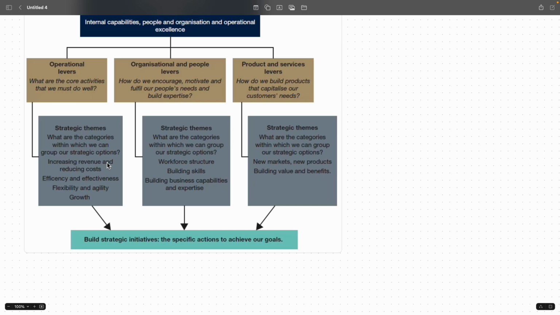That's the operational level. Then you have the organization people level: what categories can we group our options into? So here, maybe you have workforce structure, change your workforce, are you clear? Cut down the workforce. Maybe look at what skills you have to build and what capability and expertise you need.